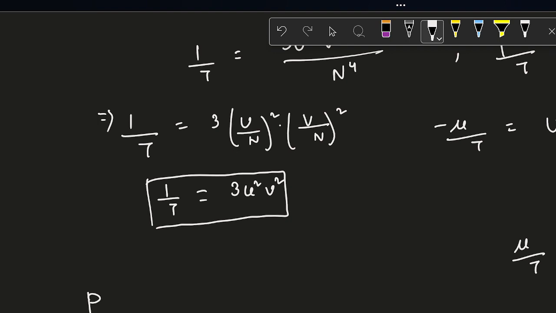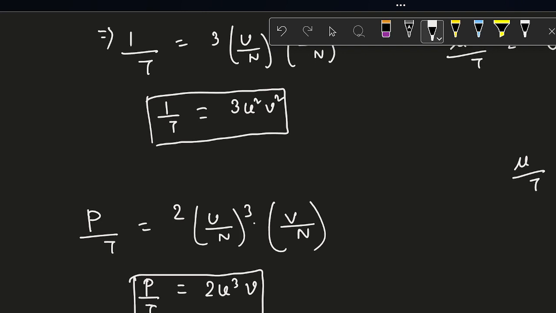Again your p by t is equal to 2 (u by n) whole cube into p by n. So that is equal to 2 small u cube small v, which is your p by t.